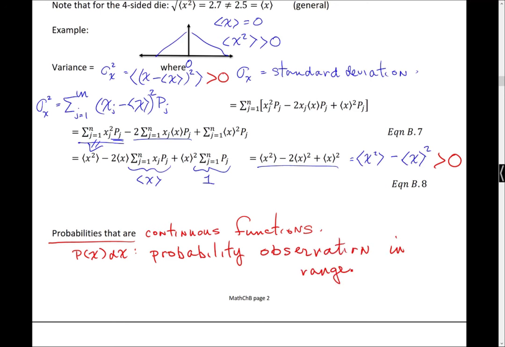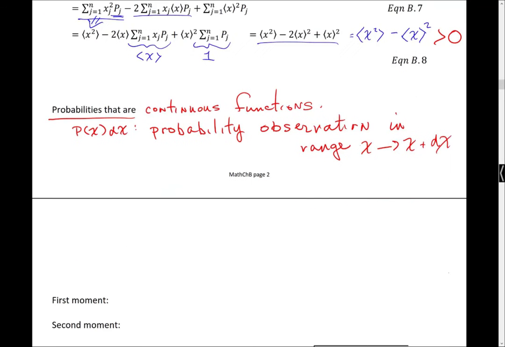So the probability that the observation is in the range of x to x plus dx, right? And that tells me that if I want to know a finite probability, what do I need? What mathematical operation do I need to perform on this probability dx? I need to integrate it. Okay? All right, so that leads us to saying that the integral from a to b of p of x dx is the probability that our observation is in the range of a to b.